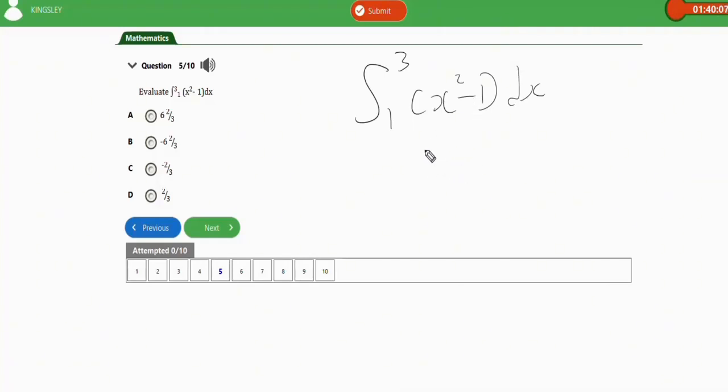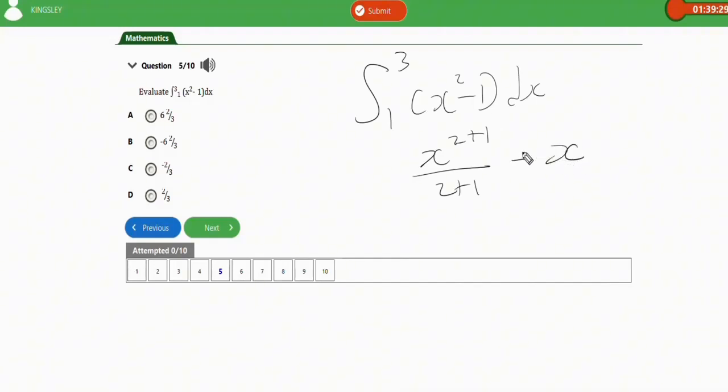We integrate, we're going to have x squared plus 1 over 2 plus 1, minus. Now note that when you integrate a constant, you're going to have x attached to it. So we have 1 as a constant here. So 1 times x is x. So we're going to have minus x.